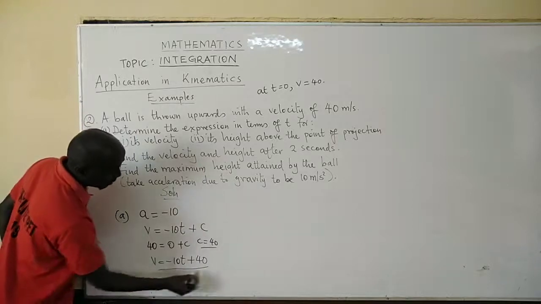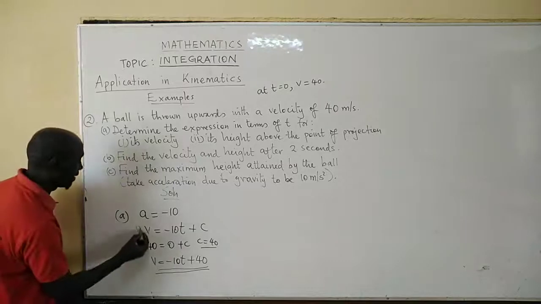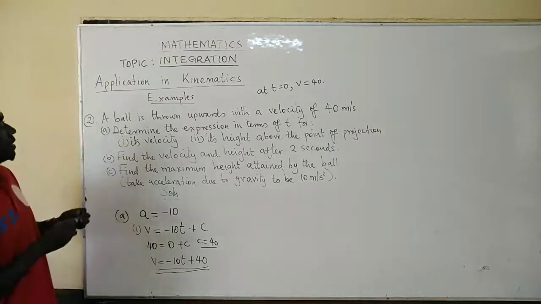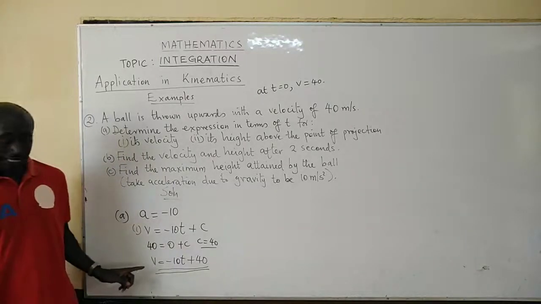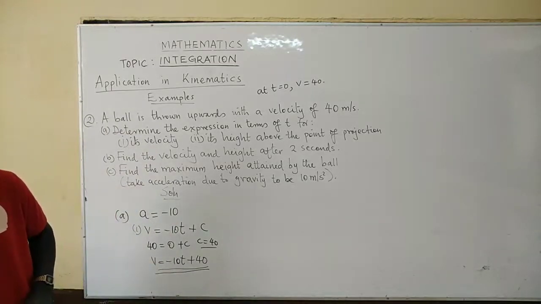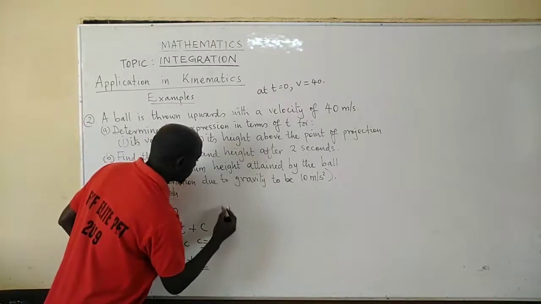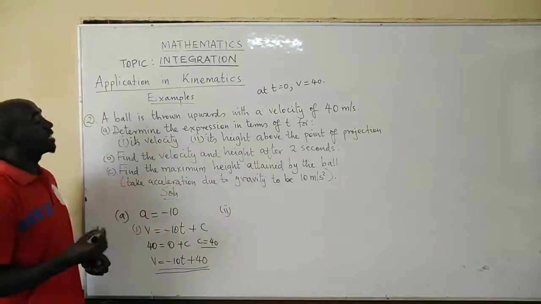So that is the expression for v. So we have done Roman 1. The expression for v in terms of t is negative 10t plus 40.